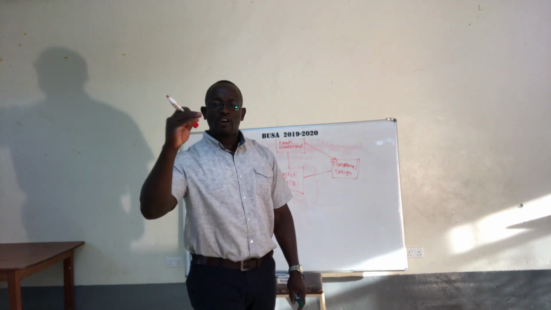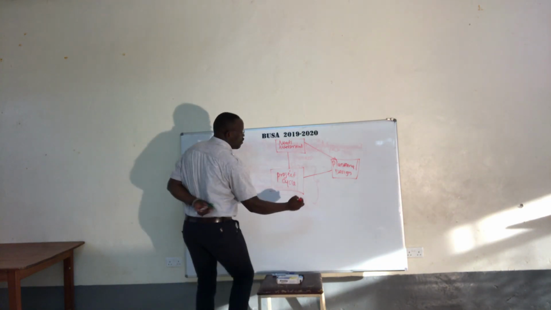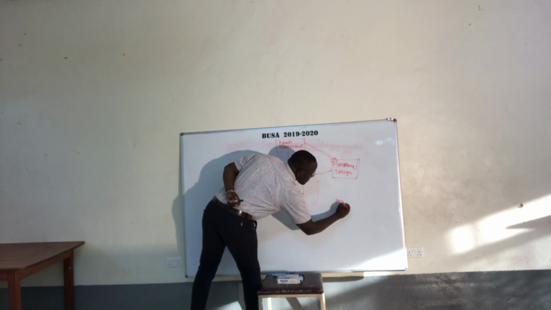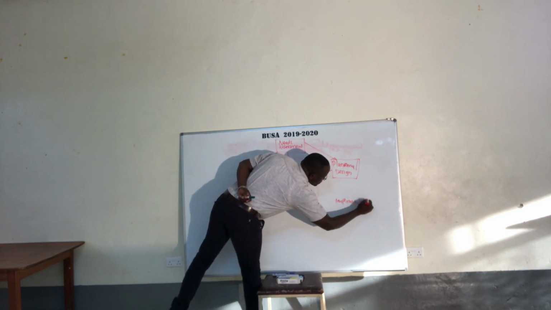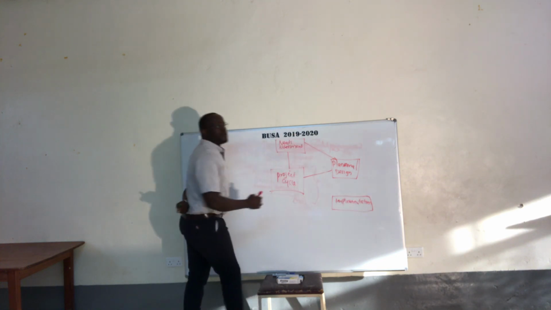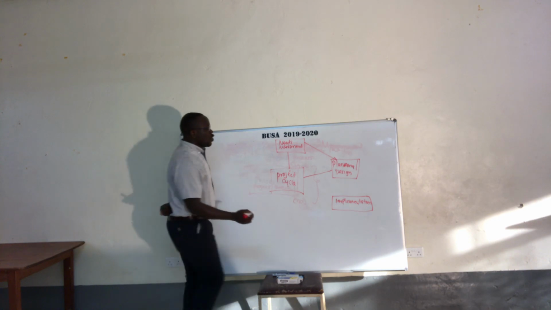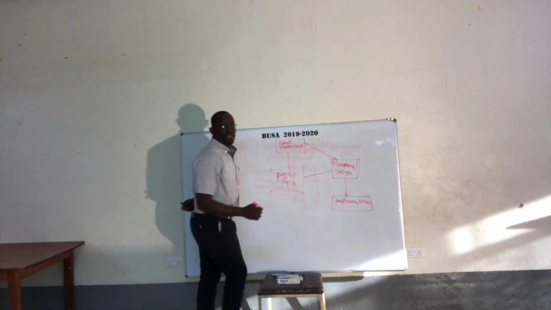Now, after you are comfortable with the needs assessment and the plan, then you go to the third stage of what? Implementation. At this stage of implementation, what are you implementing? You are implementing what you have planned, what you have designed.